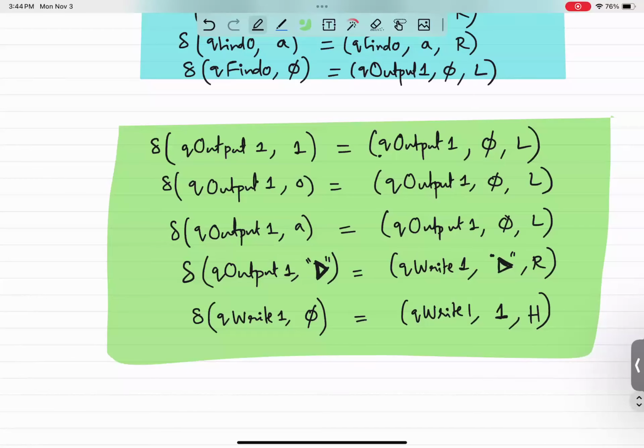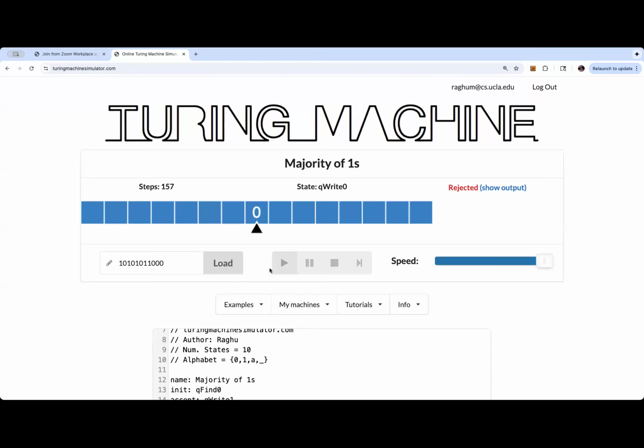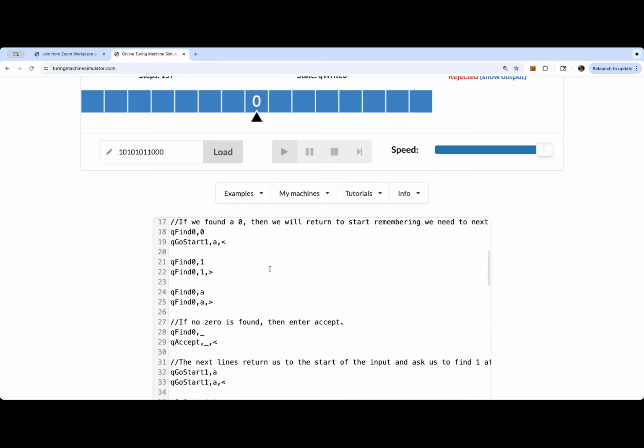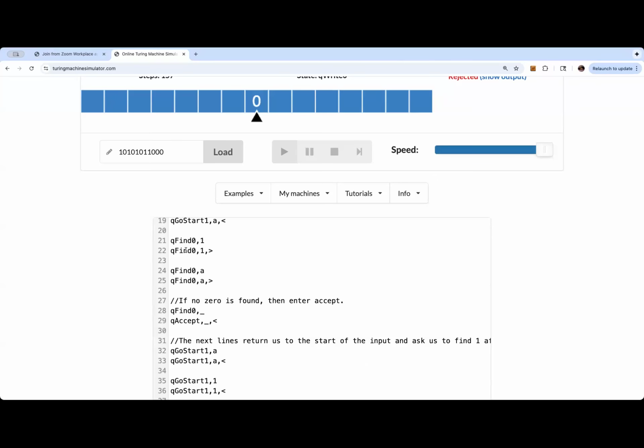So this is the kind of code that you need to write down to figure out what the Turing machine is doing. You can see these are the instructions. I think here I call Q output 1 as accept. It's the same thing.